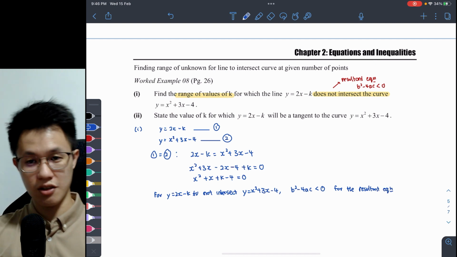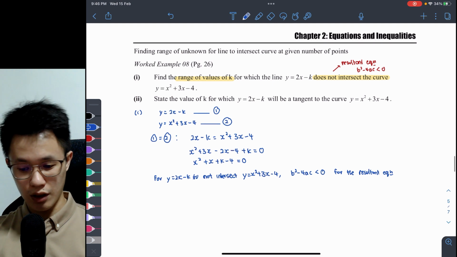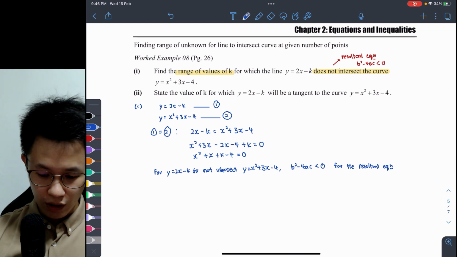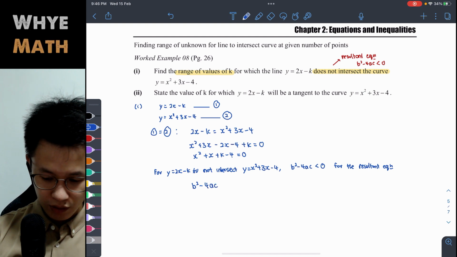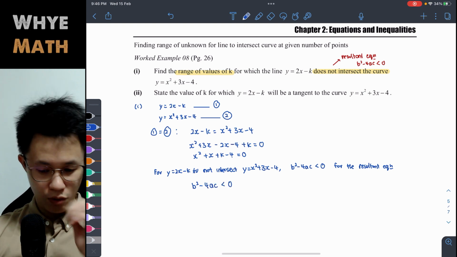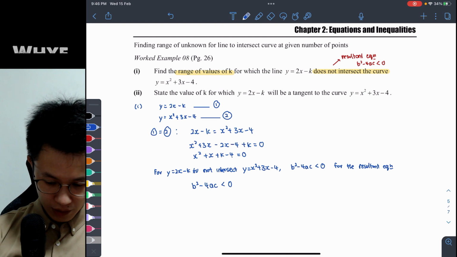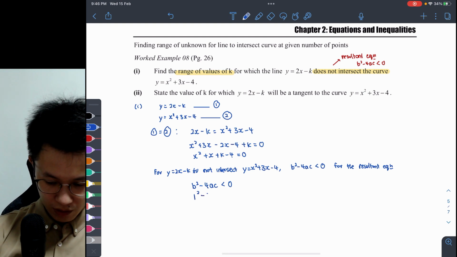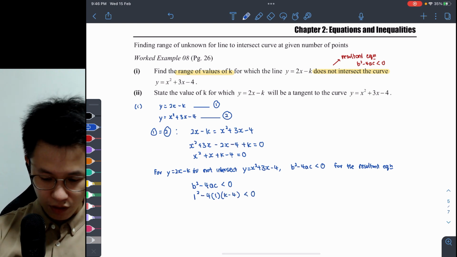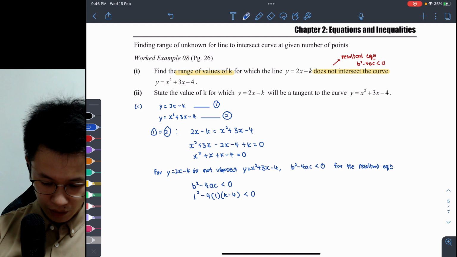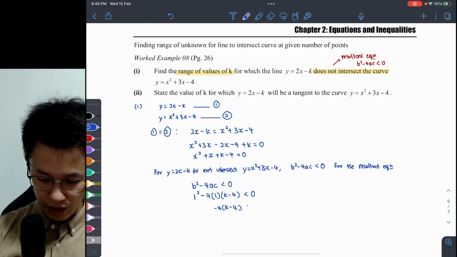Hence we have b squared minus 4ac must be less than 0, right? So b is 1, so 1 squared minus 4 times 1 times k minus 4, and this must be less than 0. We have here that negative 4 times k minus 4 will be less than negative 1.